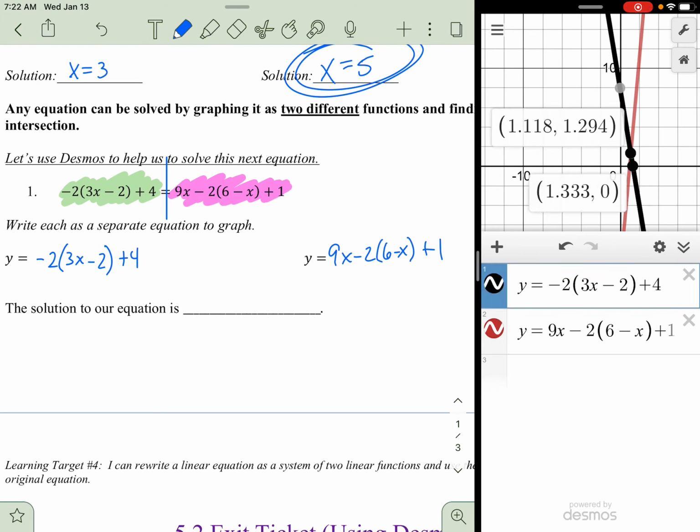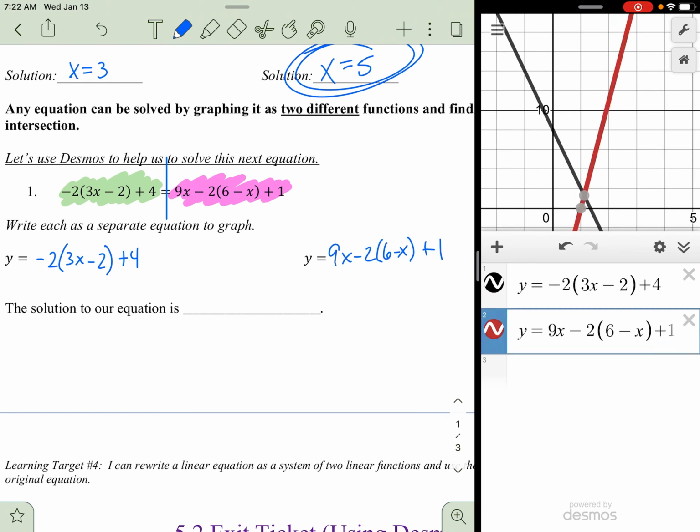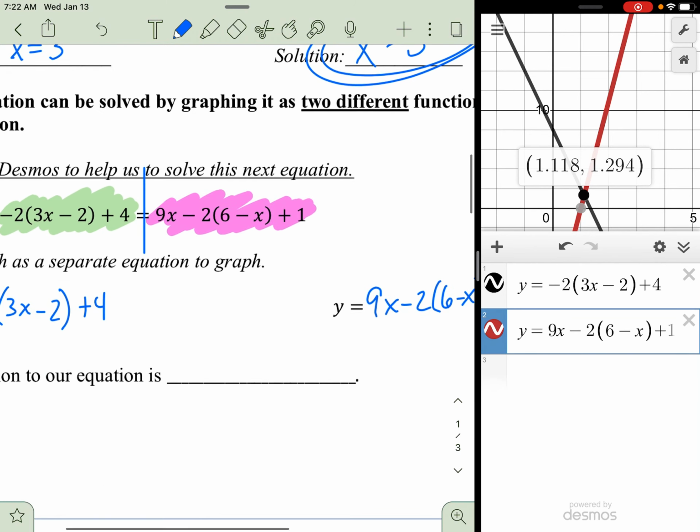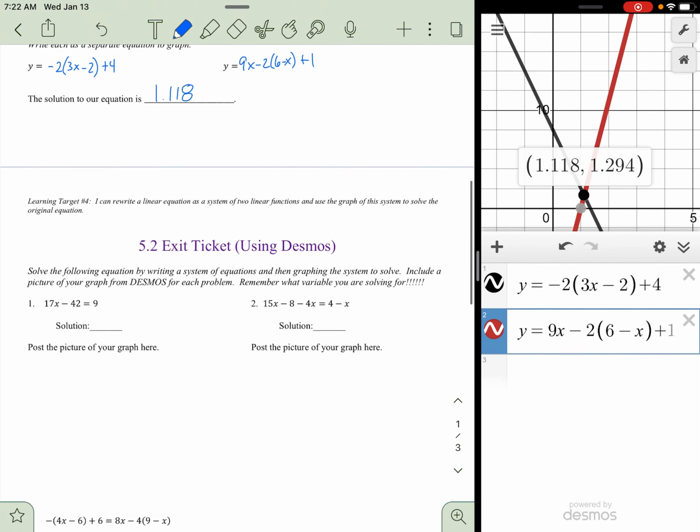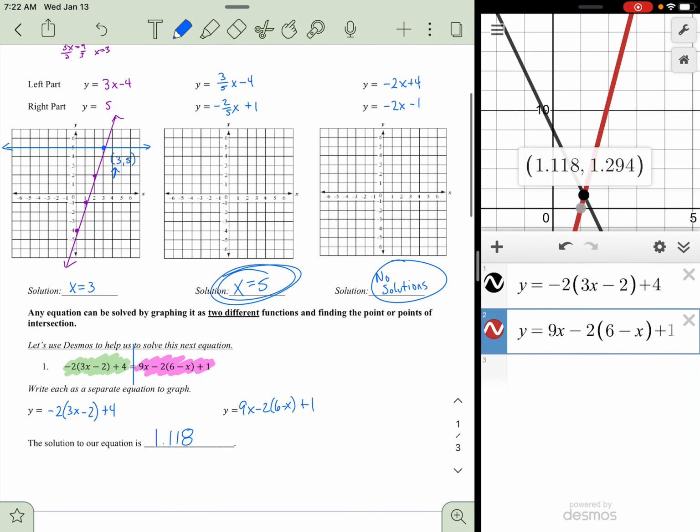Okay, and there we go. Click it. Weird numbers, but it's accurate. Sometimes it's not the easiest to look up. So our solution of this equation would be 1.118. Weird number, right?